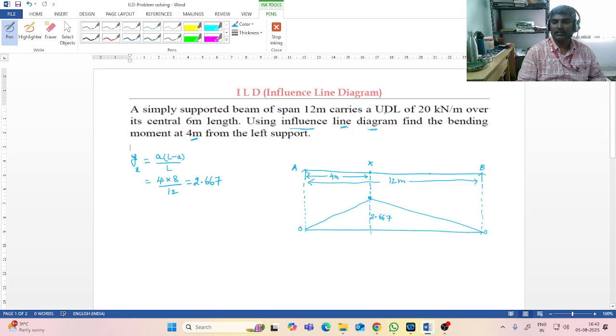Now you can see there is a UDL 20 kilonewton per meter over central 6 meter length. Central 6 meter length. So let this be the midpoint, center C. So central 6 meters means 3 meter to the left and 3 meter to the right. So I draw UDL like this.